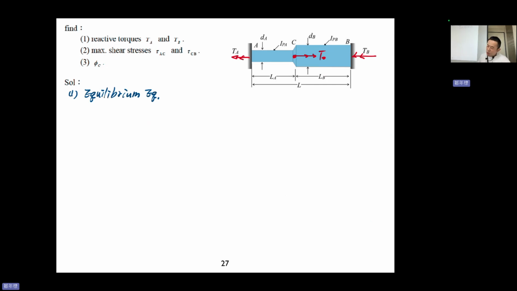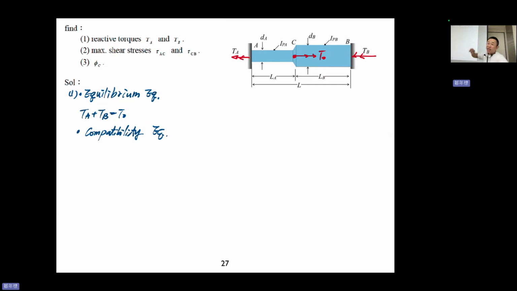So I mean T0 minus TA minus TB equal to 0. So you can say TA plus TB equal to T0. Okay, this is easy. And the second is the compatibility equation.